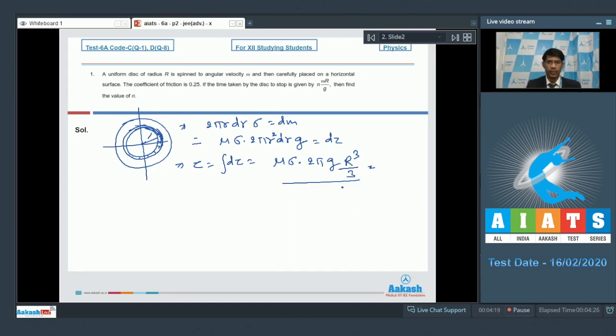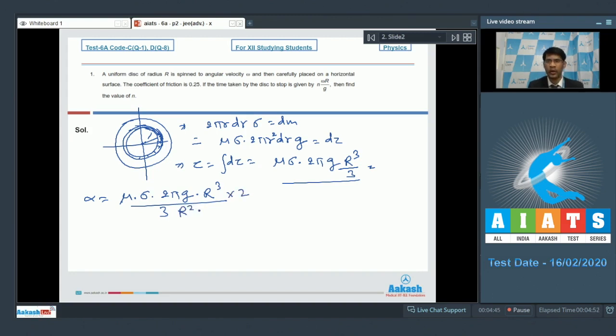Fine. So what about the angular retardation now? If this is the torque, the moment of inertia would be m r square divided by 2. So it is mu sigma 2 pi g, this one is r cube divided by 3. This is the torque, and moment of inertia is m r square into 1 by 2.